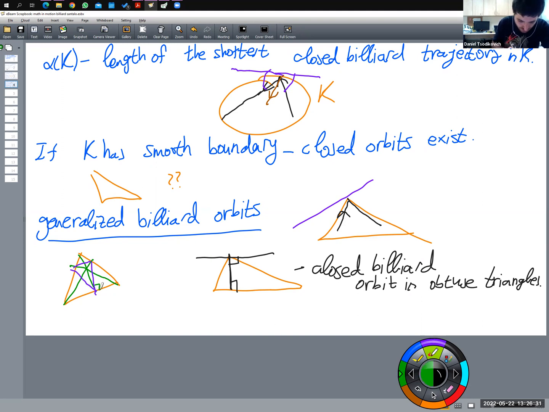So this is the right angle, this is the right angle, and this is the right angle. So this is the Fagnano orbit.